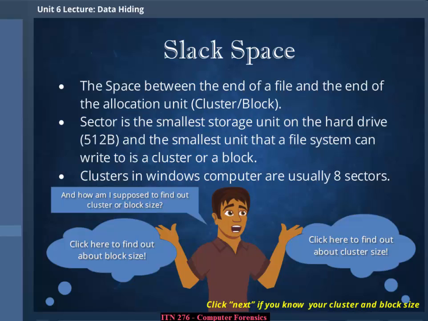You can use tools, for example bmap. Bmap is a tool that you can use to write into the slack space of a file, and as such it is used to hide information, because the file system cannot read the slack space data.